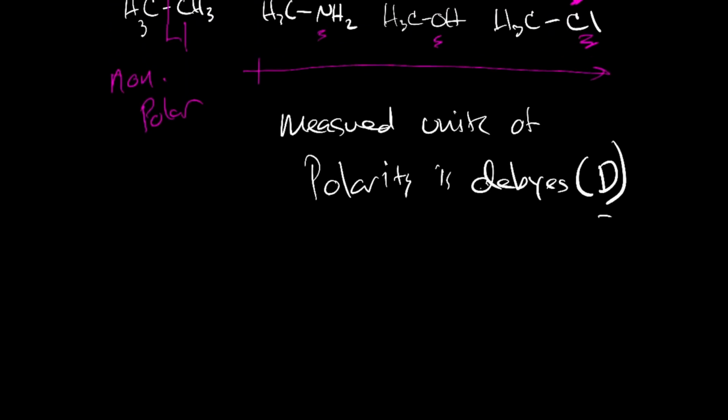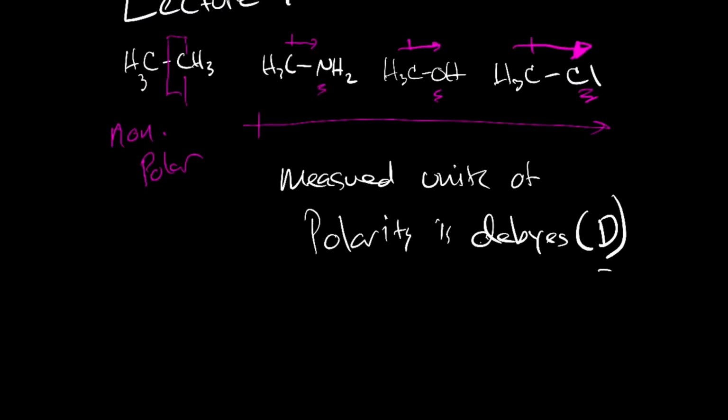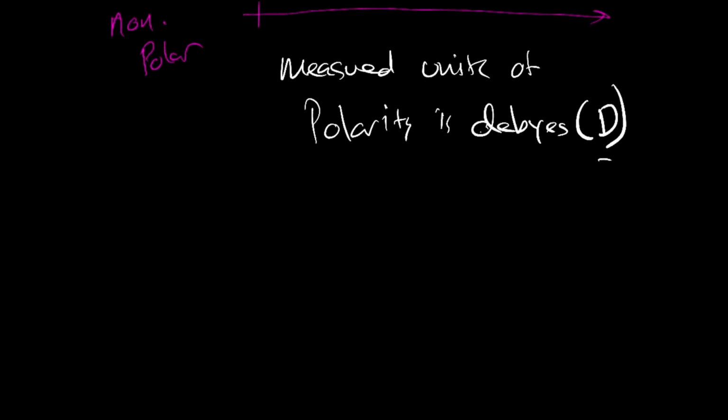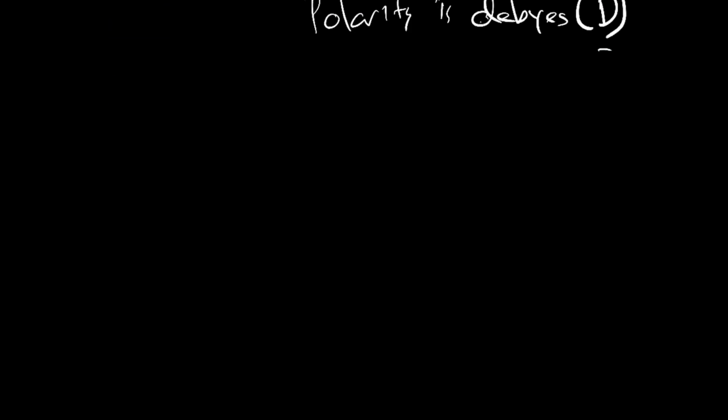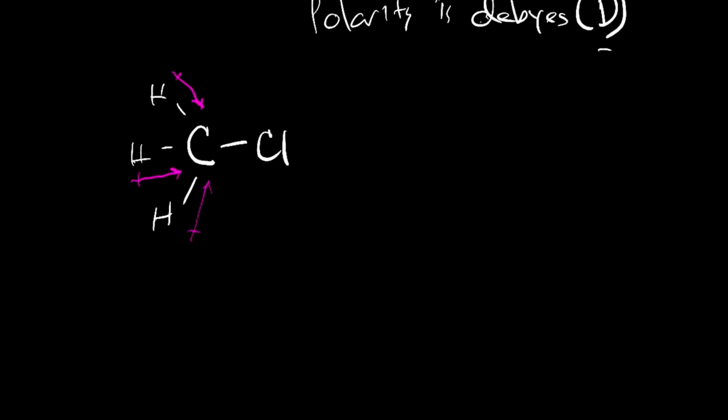So we've said that chloromethane is polar. If we were to draw all this out, where does all that polarity come from? We've got a carbon here with H, H, H. You look at the electronegativities associated with the H's, and you'll notice carbon is modestly, maybe, more electronegative than hydrogen.